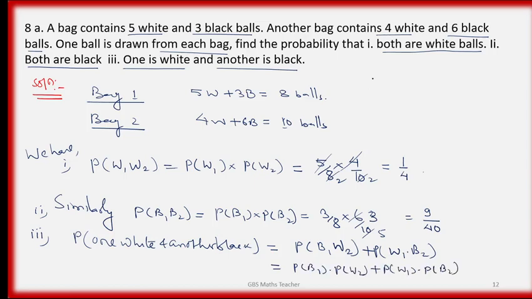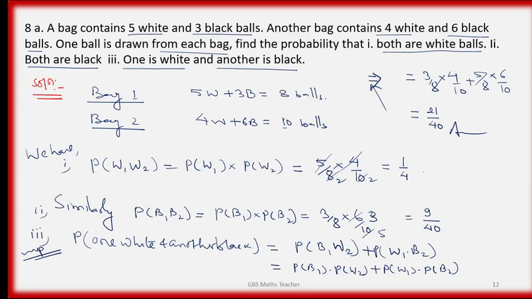Then here, equal, dear students, B1 भनेको 3 by 8 हुन्छ times W2 भनेको चाहिँ फेरि 4 by 10 हुन्छ plus 5 by 8 times 6 by 10 हुन्छ. यो सिम्प्लिफाई गर्दा हामीले 21 by 40 पाउँछौं. This third case is an important case, it will be given in many places or questions.